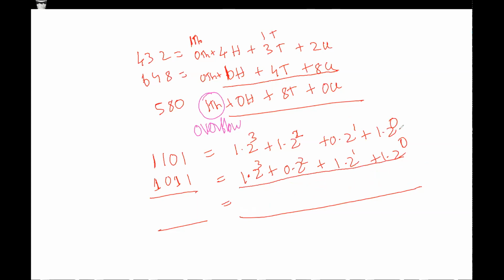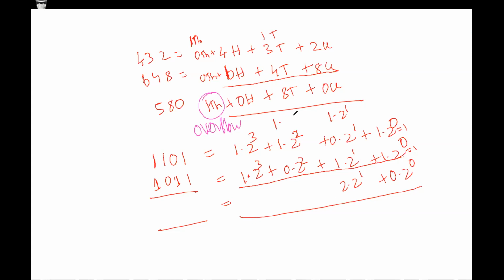So here this 2 power 0 is nothing but 1. This 2 power 0 is nothing but 1. So 1 plus 1 is 2. So you will write something like 1 times 2 power 1. But if it is 2 power 1, it should go here. So we carry this 2 power 1 up here and make this equal to 0 times 2 power 0. And then you have 1 plus 1 2 power 1s, so we have 2 2 power 1s. When we add them, this is nothing but 2 square.